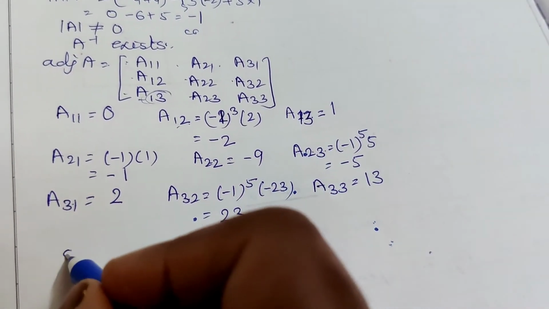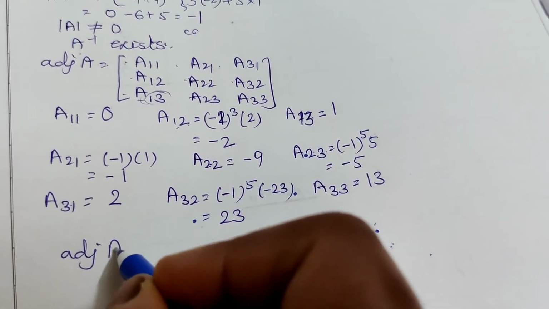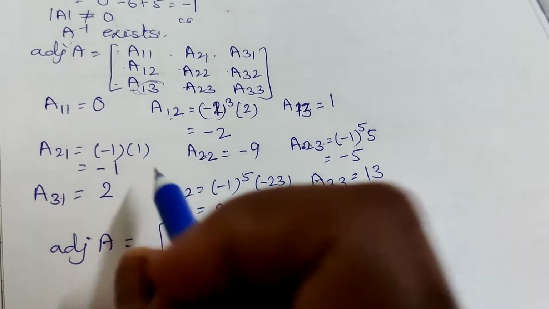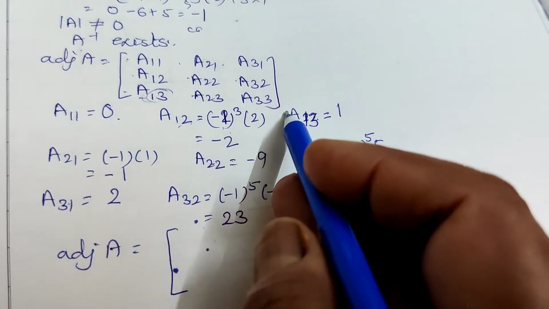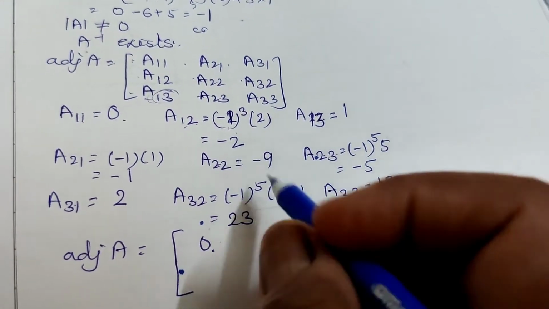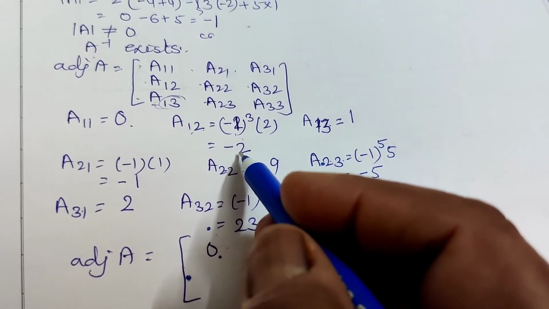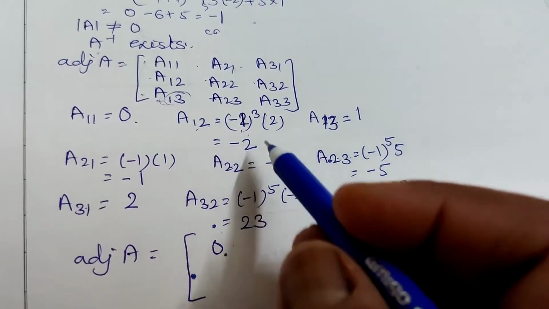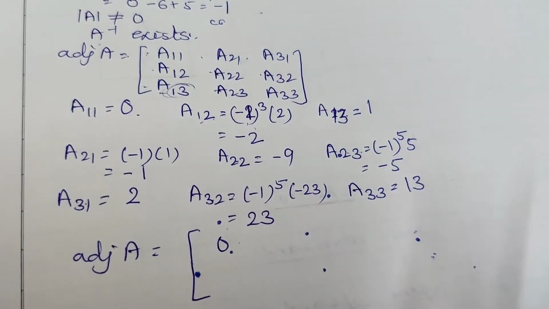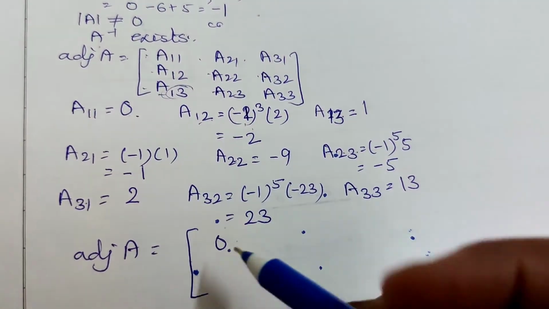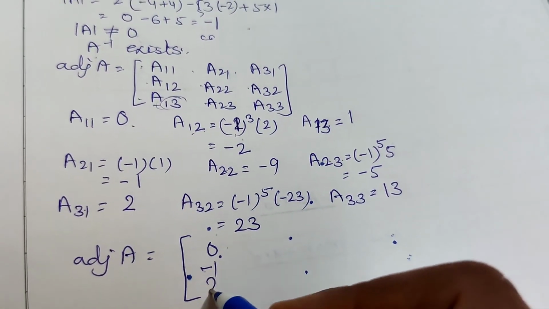Now we can write the adjoint of A in the form of A11, A12, A13. It means 0, minus 2, 1.